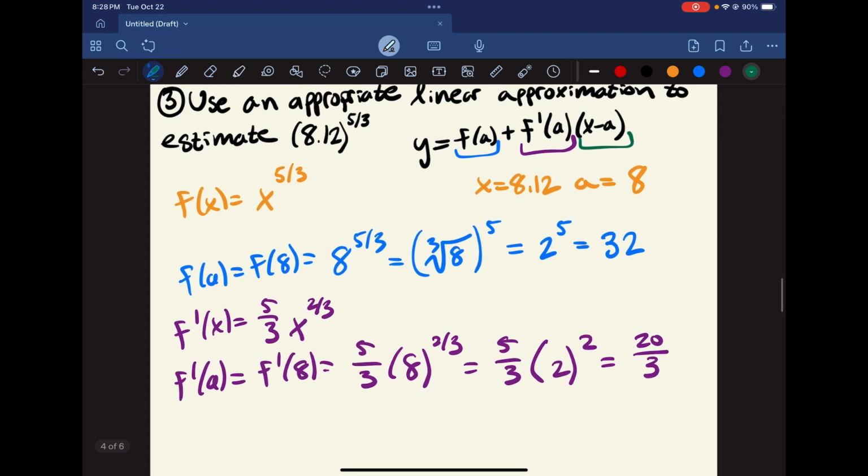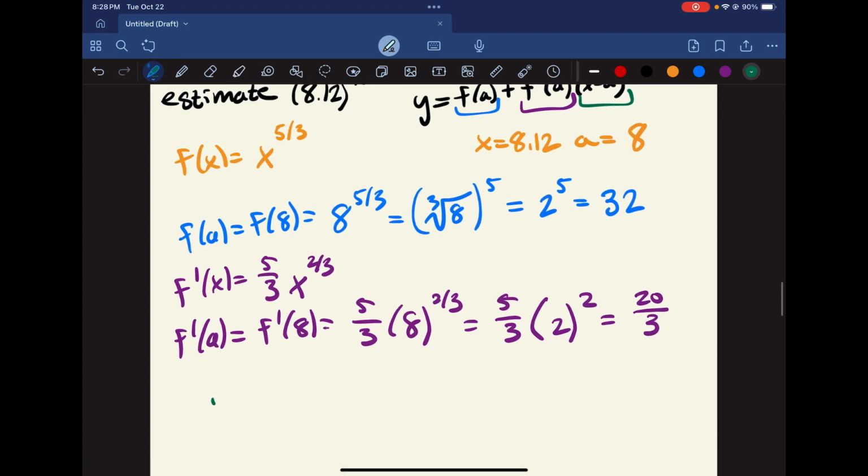and then x minus a is just going to be 8.12 minus 8, so that's going to equal 0.12.